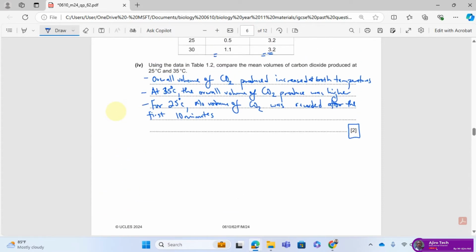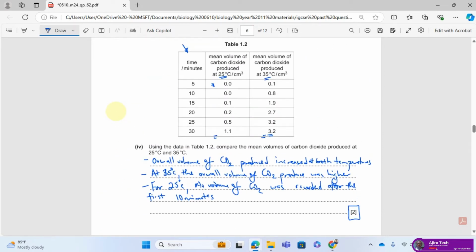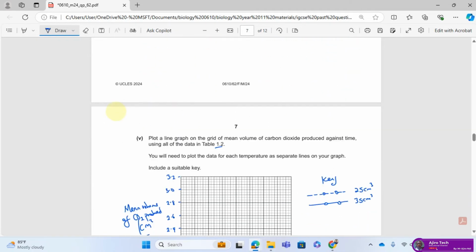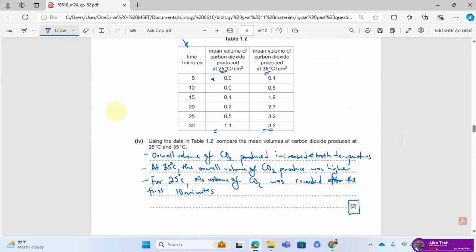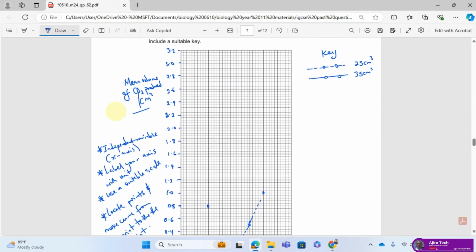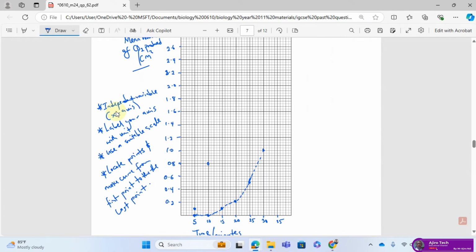Then at 35, what do we have? We have 0, 0.1, 0.8, 1.9, 2.7. Let's go to 0.1. At 5, we have 0.1. Then we have 0.8. Then 1.9. 1.9 is somewhere here.